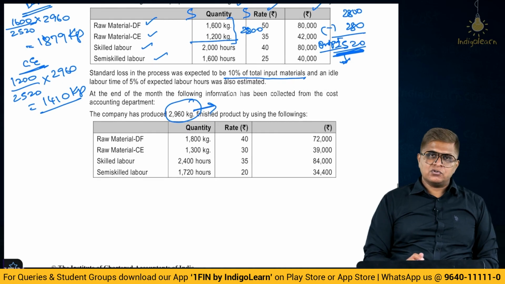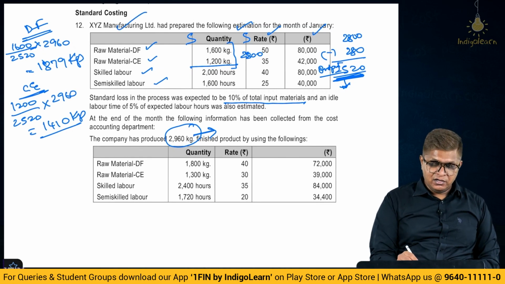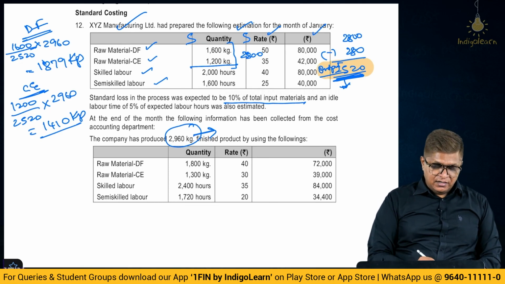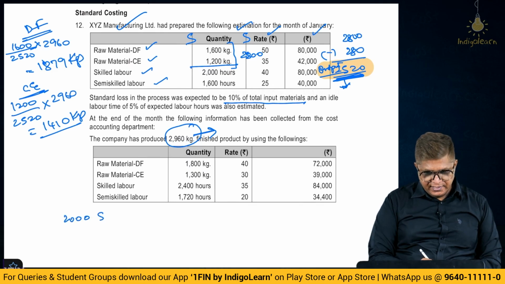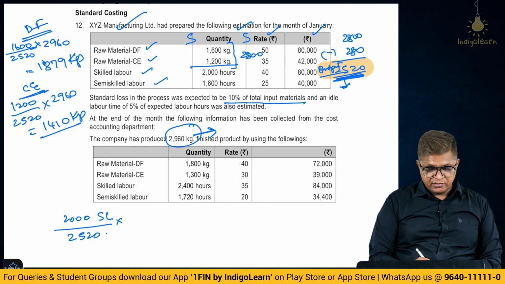See, we have understood that whatever is given in this table has been given for 2520 units. That means 2000 hours of skilled labor is required for 2520 units. How much are we going to require for 2960 units?